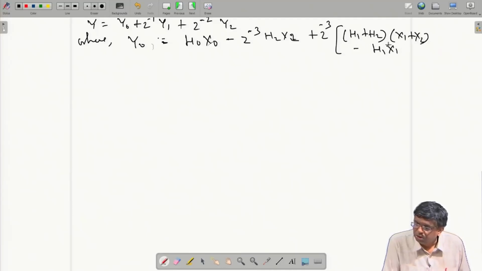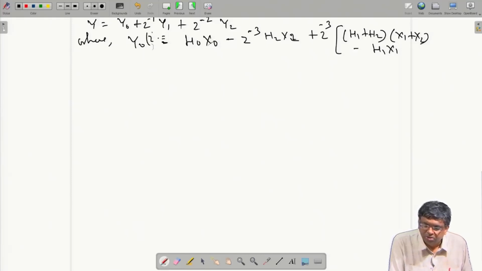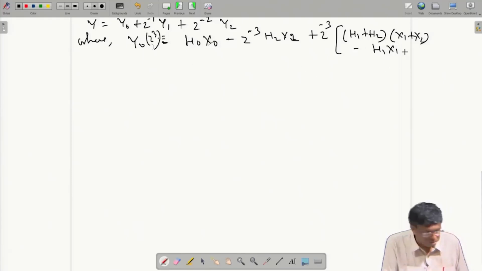These are all functions of z to the power 3. Okay, this is h0 as a function of z to the power 3, x0 is a function of z to the power 3. All these are functions of z to the power 3.